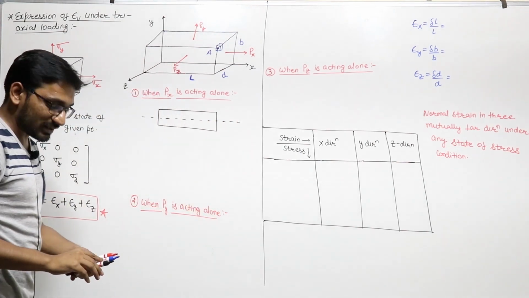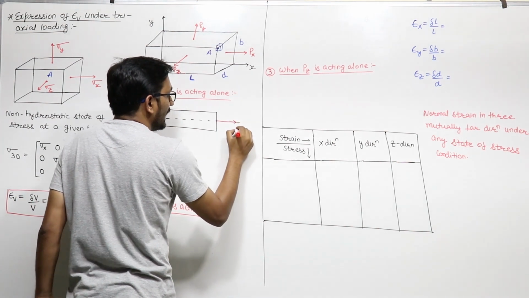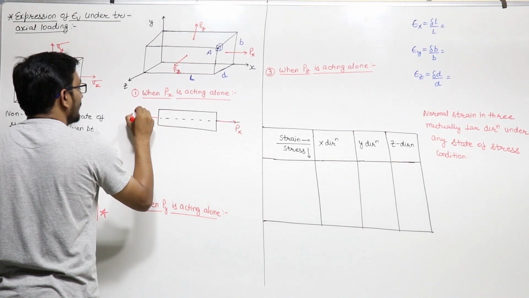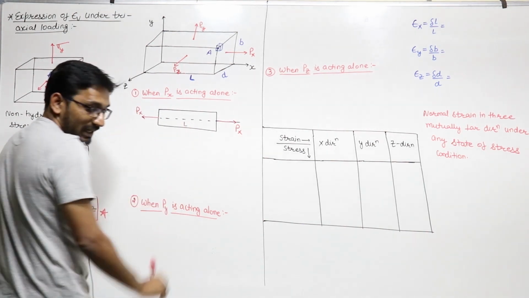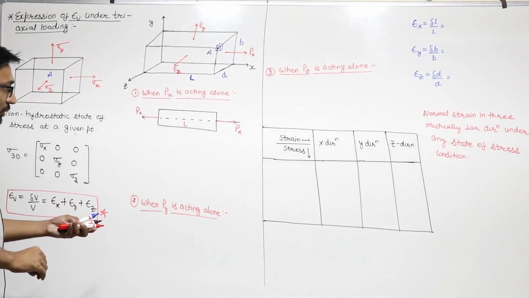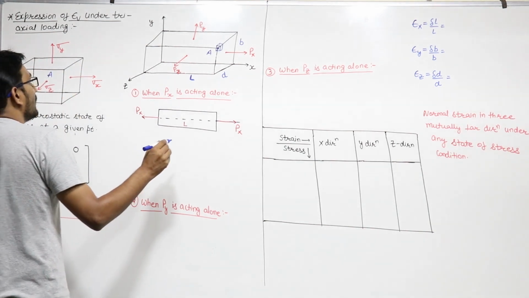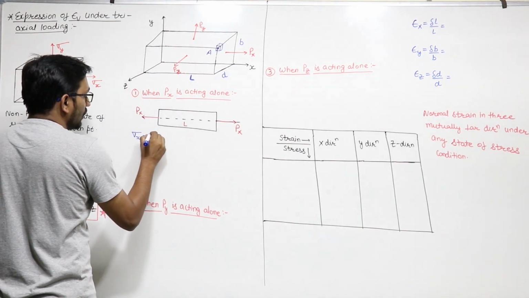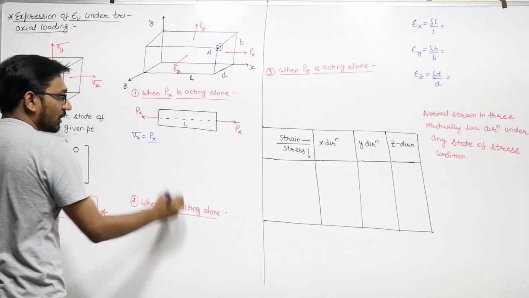The first case is when your Px is acting alone, and that is along the length L. Because of this Px, this sigma x is there, which is equal to force Px upon your area of cross section.